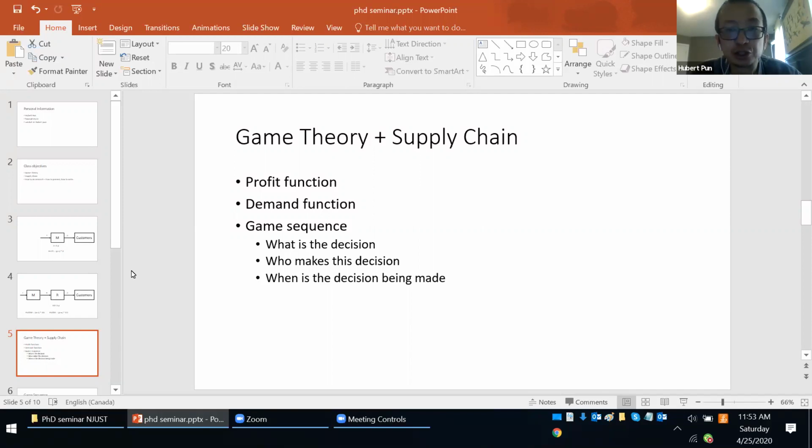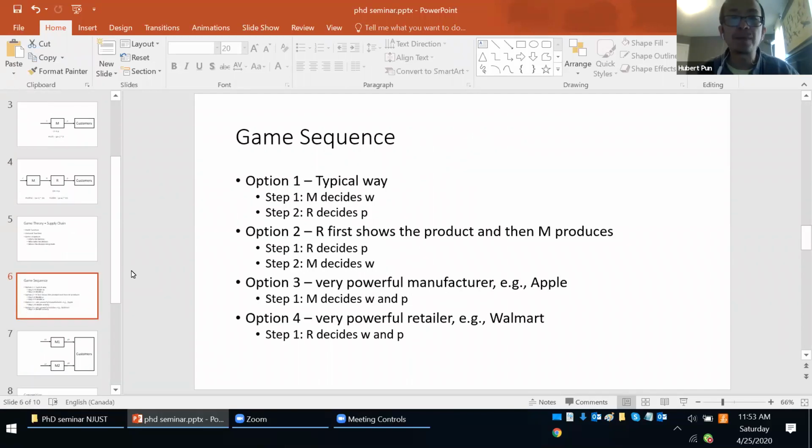Who makes the decision? We have a manufacturer, we have a retailer. So the decision is made by one of these two firms. And when is this decision being made? So there are four possibilities. We have a manufacturer, we have a retailer, and there are two decisions, so there are four options.